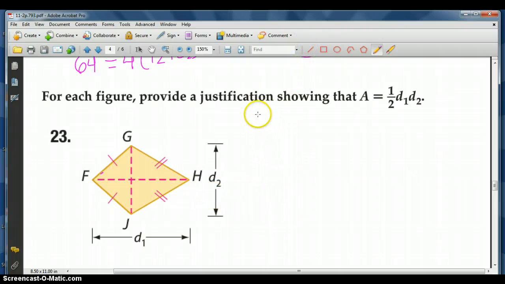So basically, the area of this entire figure would be the area of triangle HGF plus the area of triangle HJF.